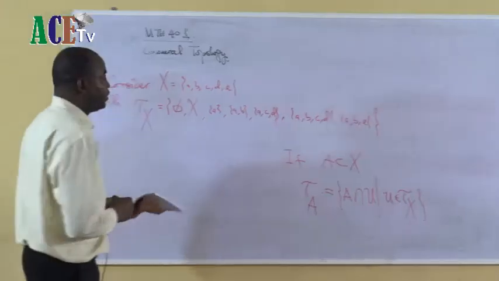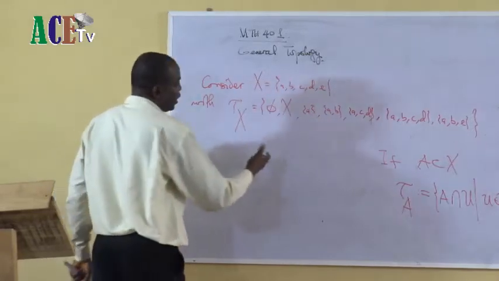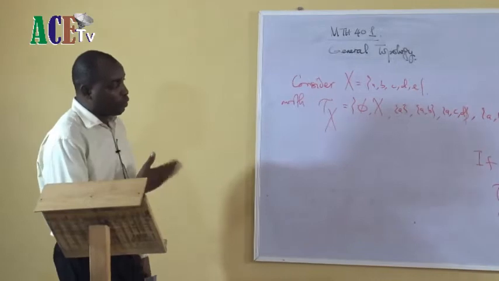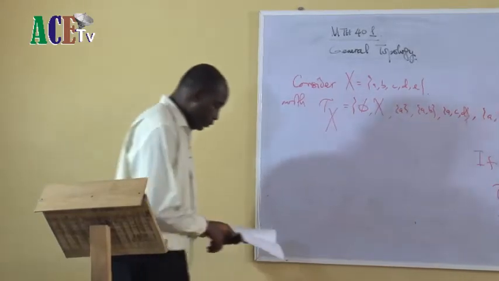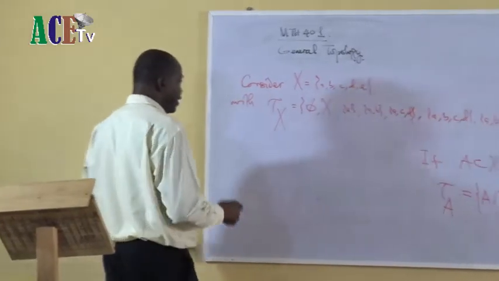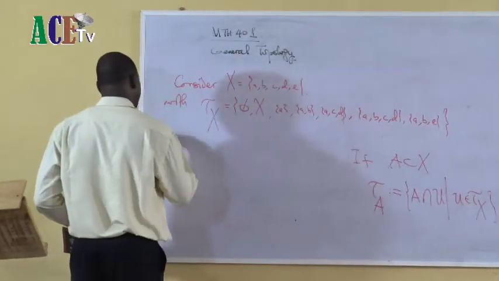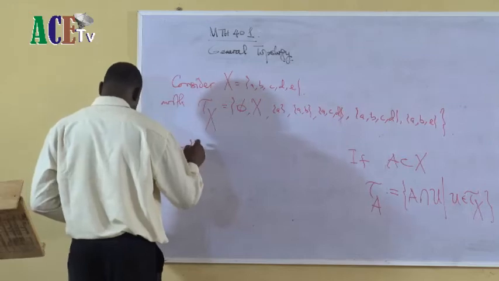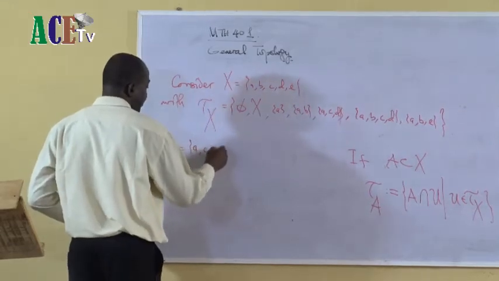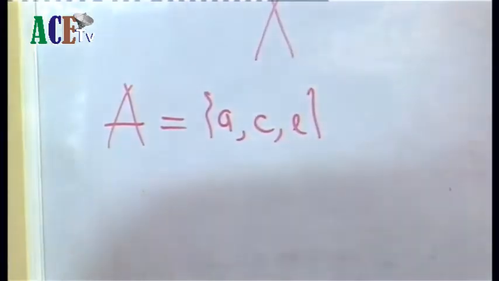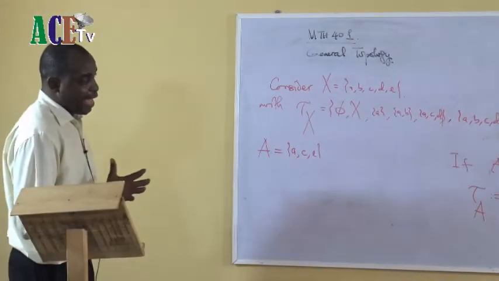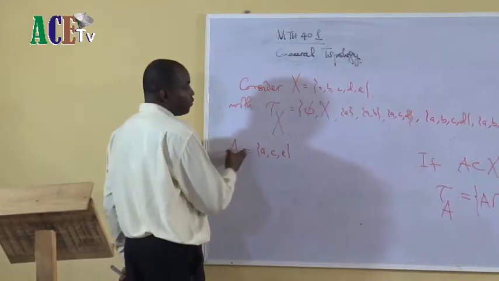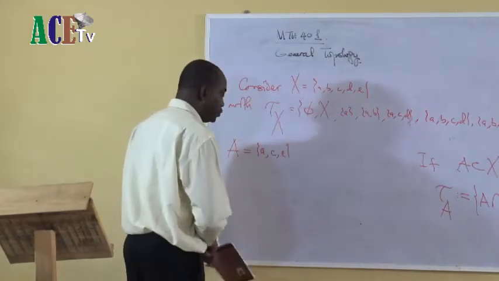Okay, so this is a topology on X. Now, we want to obtain a new topology with respect to A, and let A here be the set {a, c, e}. If we want to obtain an induced topology on A from X, what do we do?